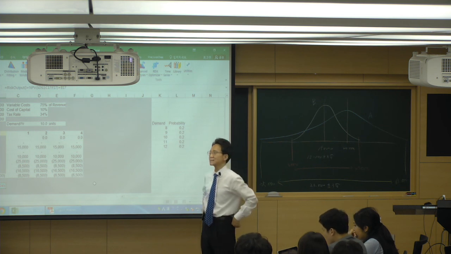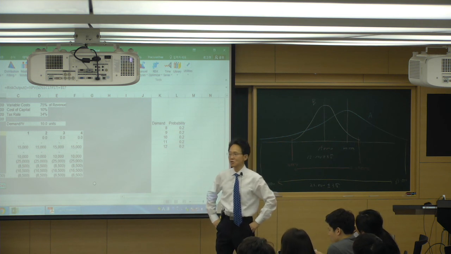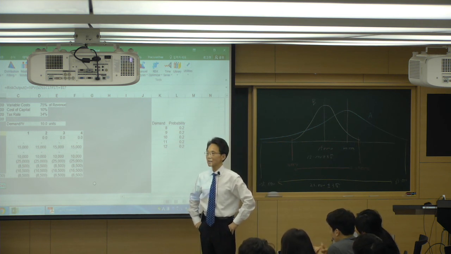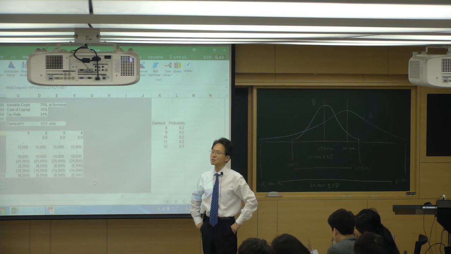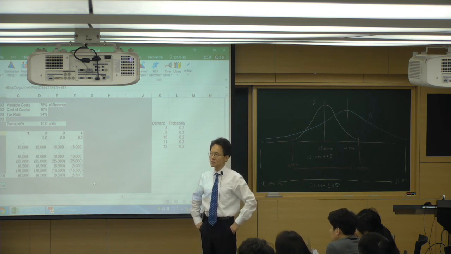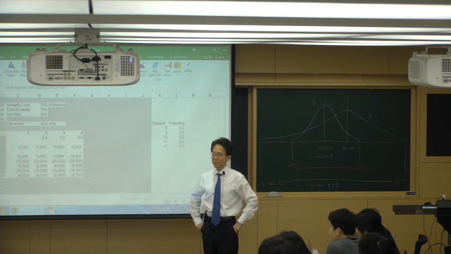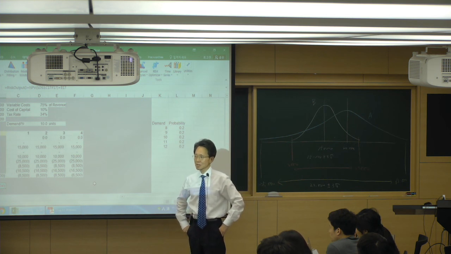And in that regard, I think most of you did a reasonably good job, and I really appreciate your hard work and effort. And whether you did good or bad in your previous exams, I hope that you can do your best for the final exam. If you think you didn't do a good job in the regression analysis, this is going to be another chance for you to demonstrate your competency.